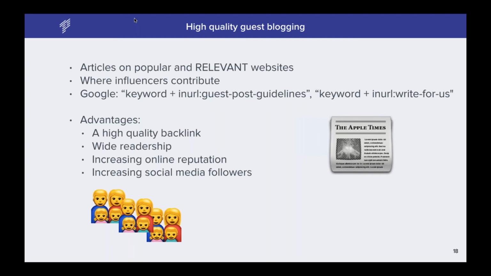The way that you could do it is to look for sites where the influencers in your niche contribute. You can also just Google words like the keyword or the niche in URL, or guest post guidelines, write for us, guest blogging, things like that.